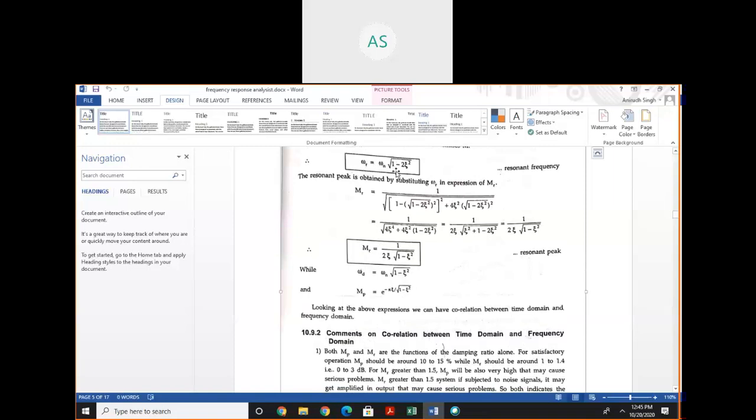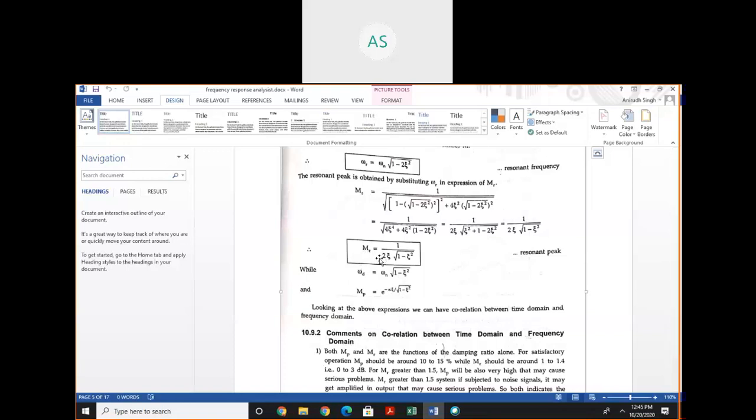Looking at the above expressions, we can see a correlation between time domain and frequency domain. Here, the value of omega r is given, the value of Mr is given, omega d is given, and the value of Mp is given.